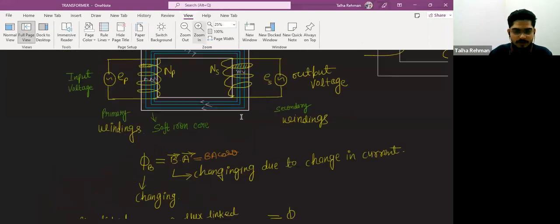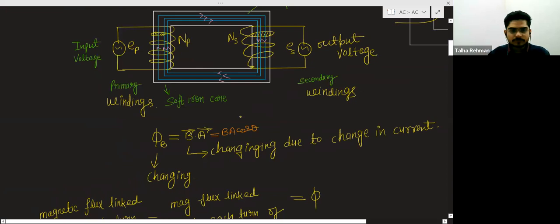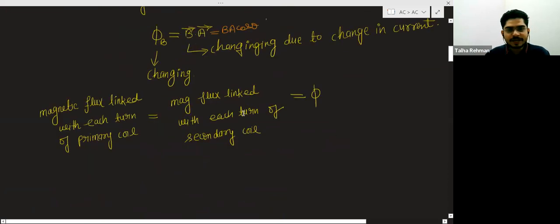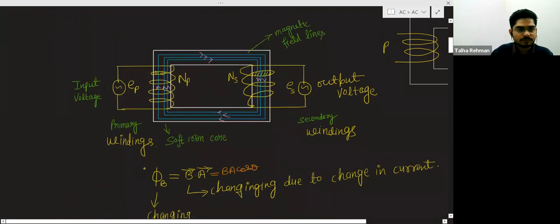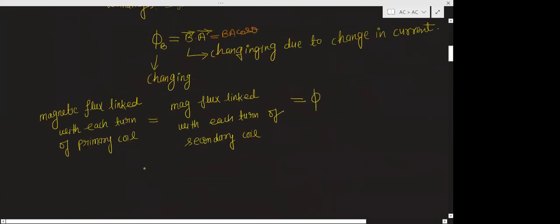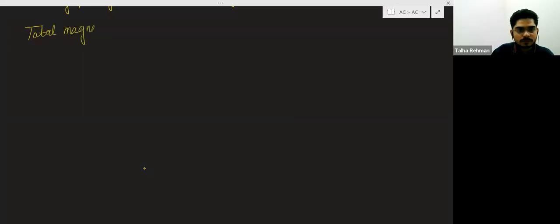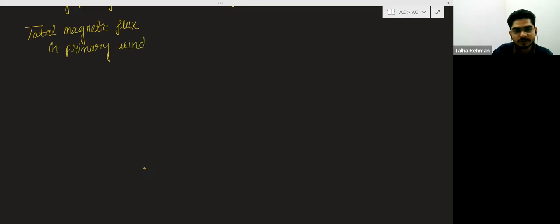Now suppose I want to calculate the total magnetic flux in the primary winding. I can write it as phi suffix p.